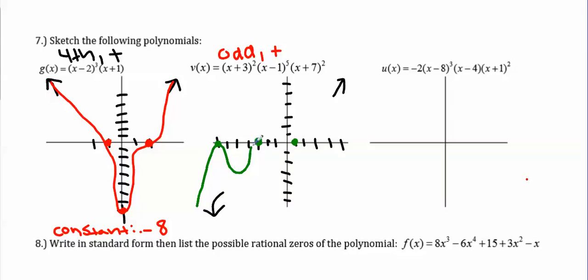I'm going to touch at negative 3. I'm going to come all the way down. I'm going to come back up. It's going to snake. And there we go. Not the prettiest graph, but you should get the point. I'll just make a note here that this is the snake or the squiggle, however you want to think about it. All right, last one.